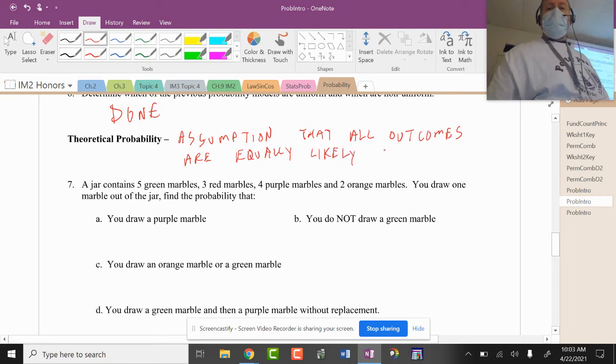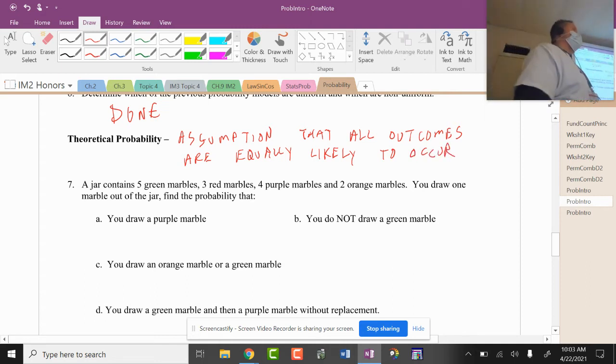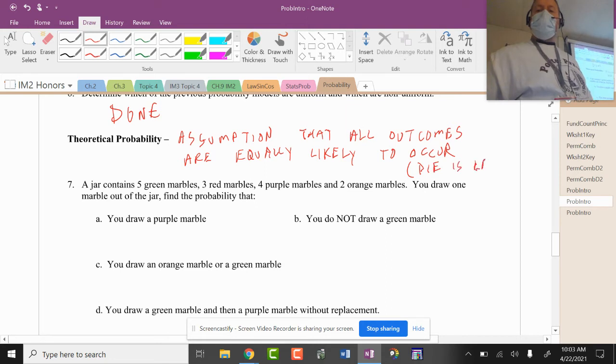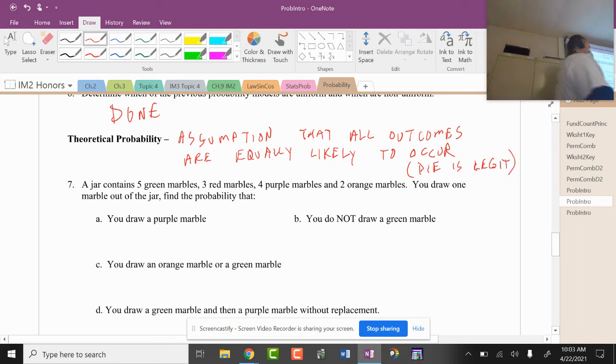Meaning, if I rolled a million times, one should come up 1/6 of the time. So I'm going to put in here as a note to self, the die is legit. It is not weighted. So you're assuming you're dealing with a valid thing when you do theoretical probability.